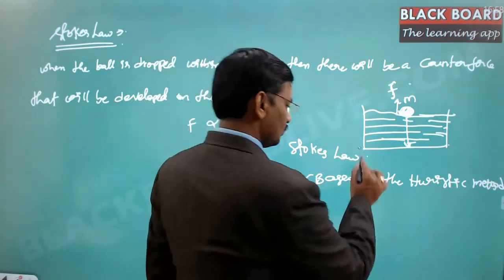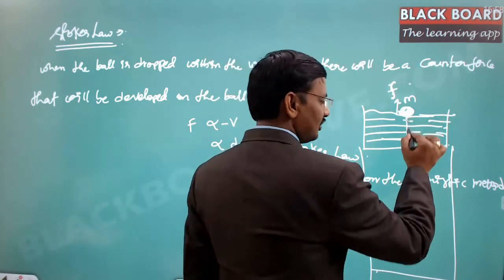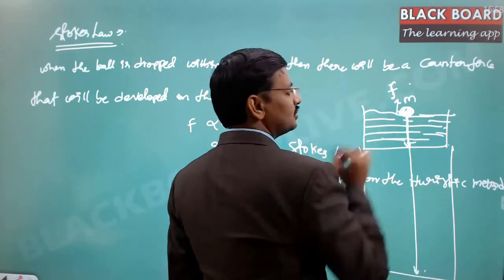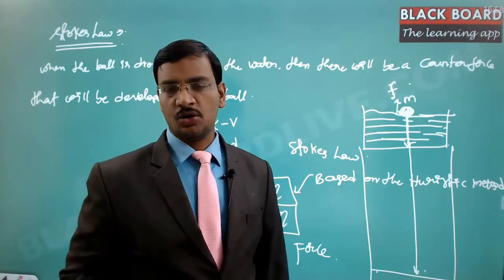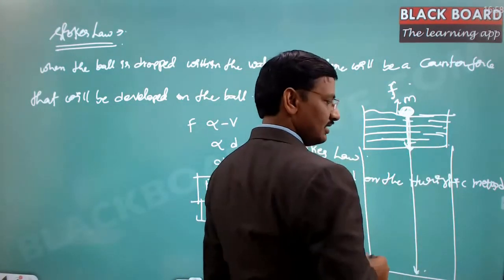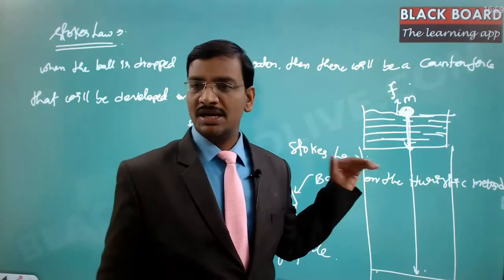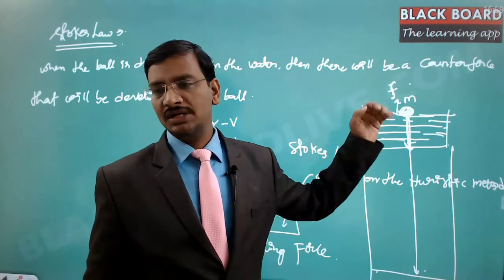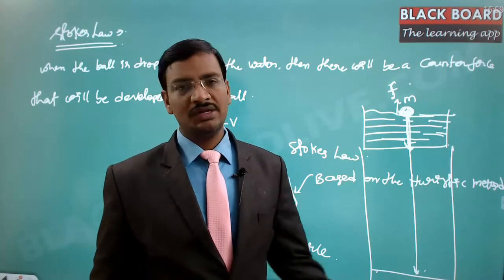Suppose this is the bottom of the ocean. The ball started from here with 0 velocity. Obviously it tries to raise its velocity because of gravity, so it acquires a certain velocity. Then does the velocity keep on increasing, or stay at a constant velocity, or stay at 0 velocity? So what will be the velocity of the particle?